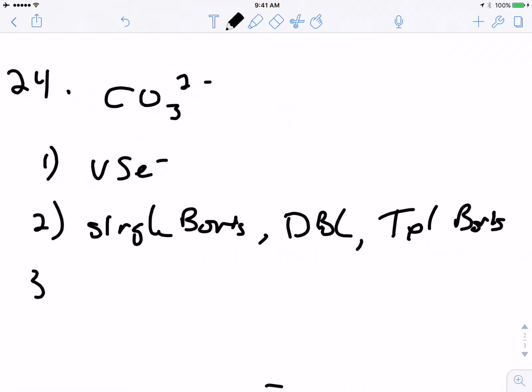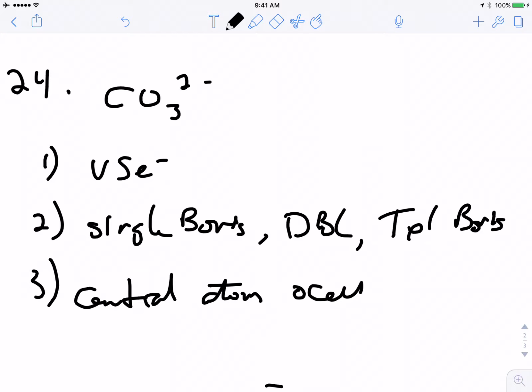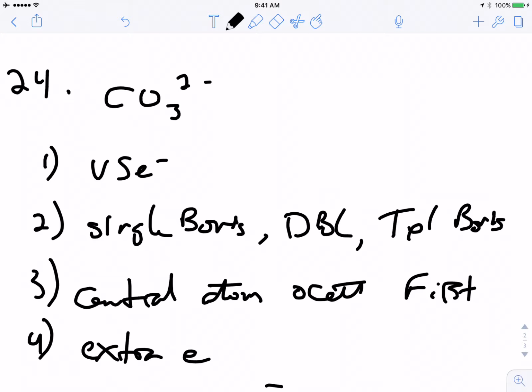We're trying to make the central atom an octet. And then we're going to use the extra electrons to fill in.